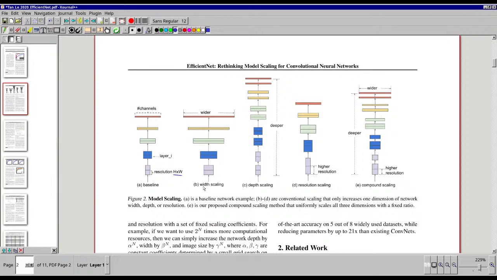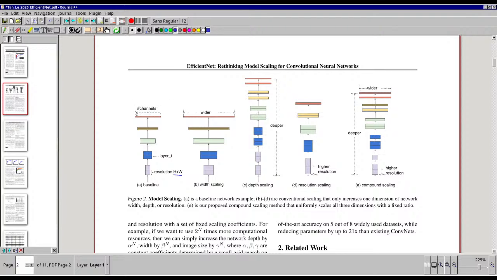Width scaling. Width is how many channels, right?